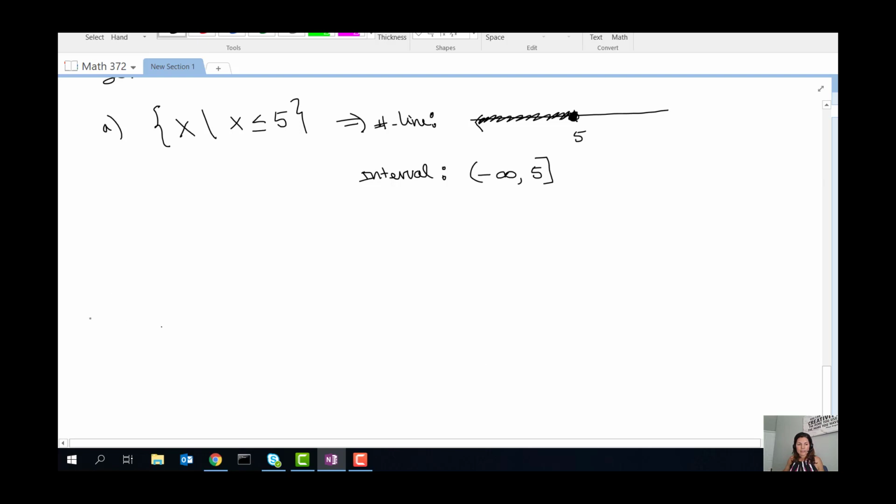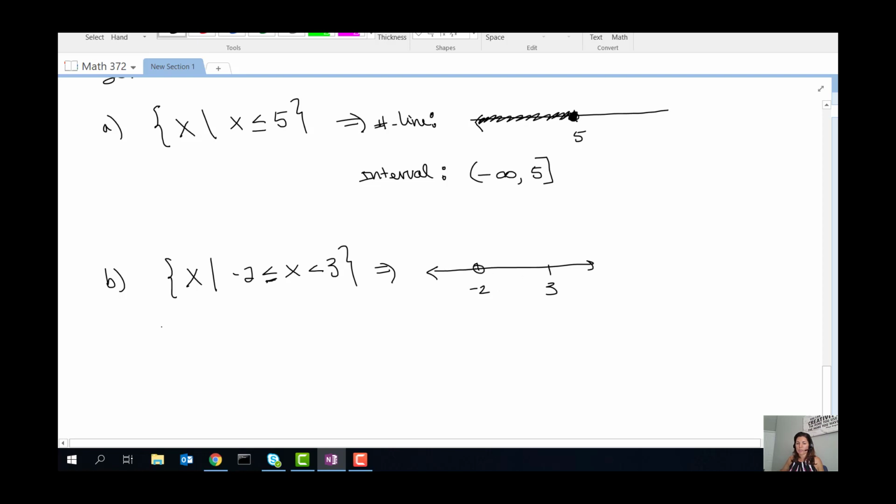Let's try a different example. Say I have a different set, expressed in set builder notation as all x's in the real numbers such that negative 2 is less than or equal to x less than or equal to, actually let me just say less than 3. So you can directly write this in interval notation. Some of you may want the number line still as an intermediate step. So I will put -2 and 3. It says x is between -2 and 3, but it is allowed to be -2 because it has the equal.